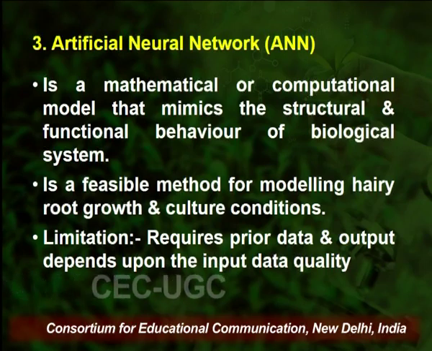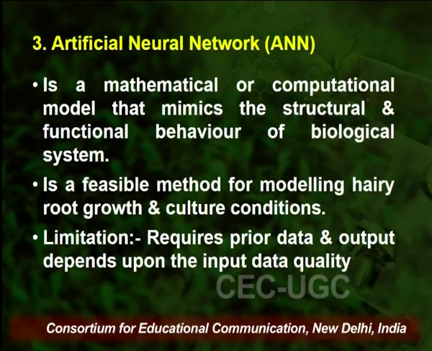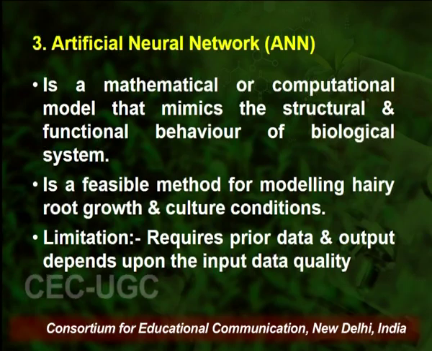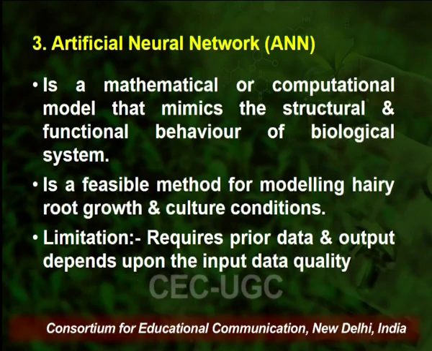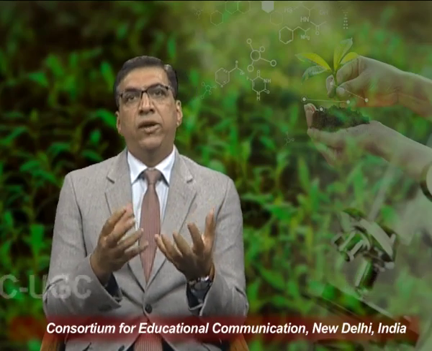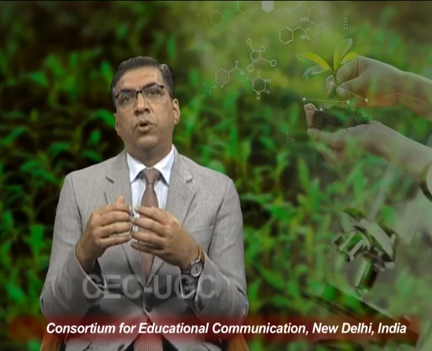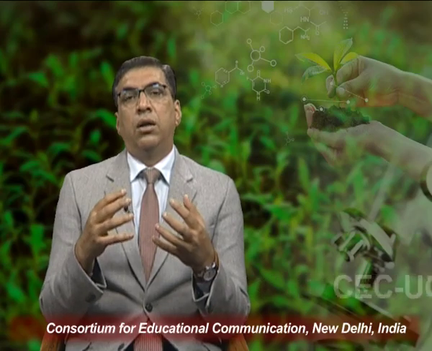But the problem is we first have to give a certain set of input to these models. Such neural networks largely rely on the data which we put in them, and then they give us the best output conditions for a particular culture media or a particular combination of conditions for the growth of the media.